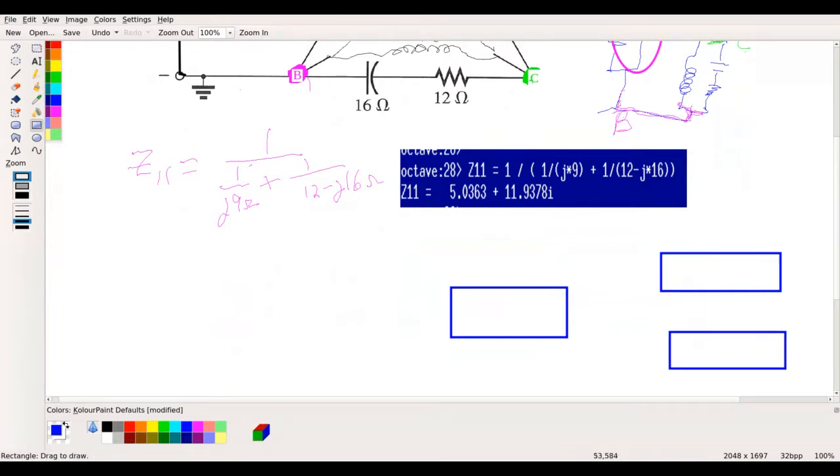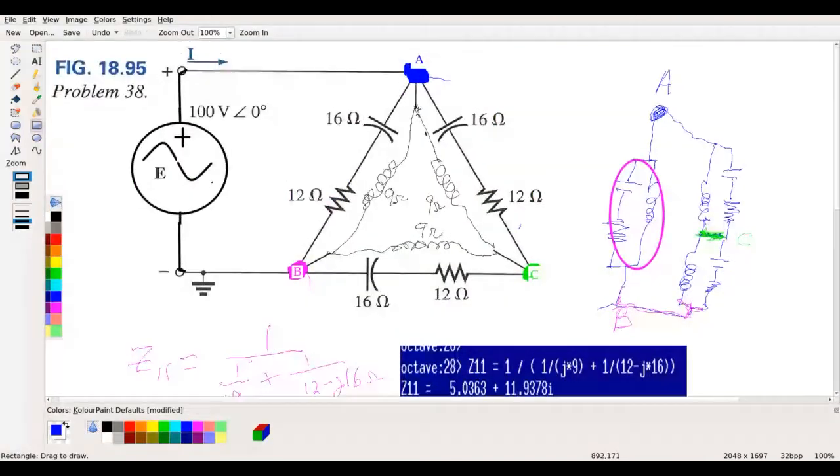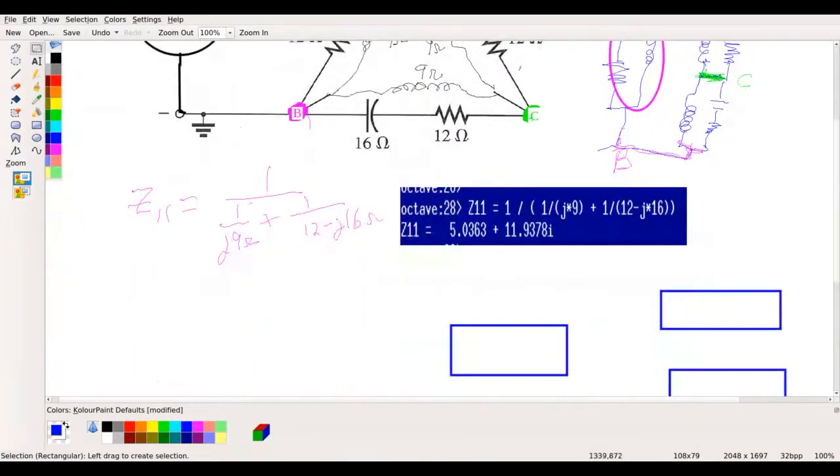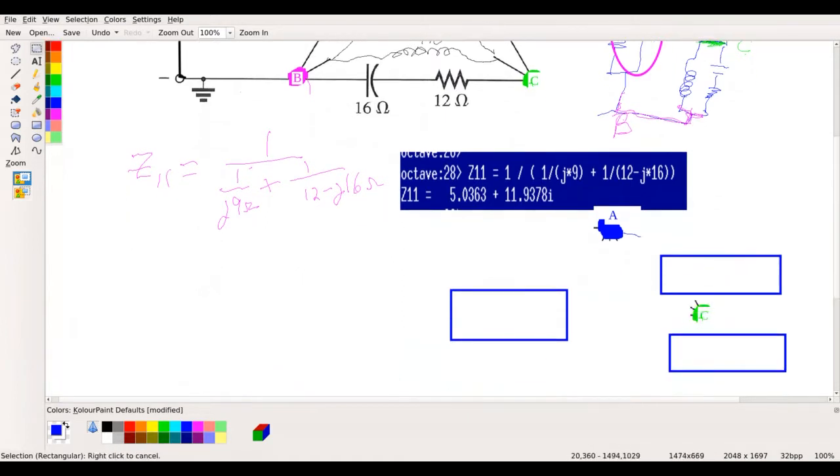Okay, so we have the node A was blue up here. So here's node A. There's my node A. And here's my node C. And down here is my node B. Okay.